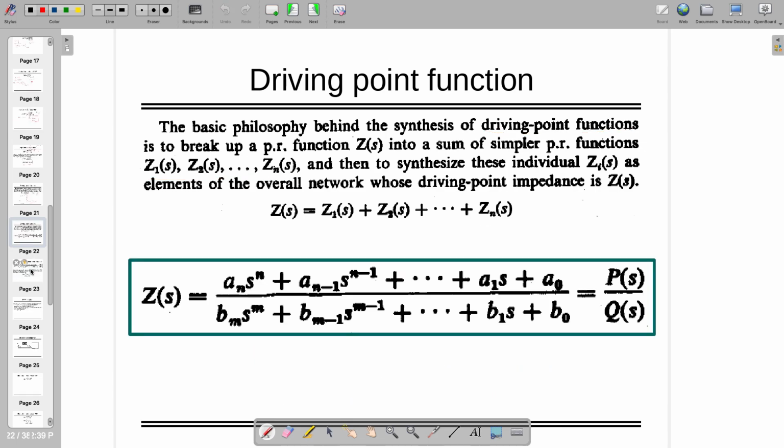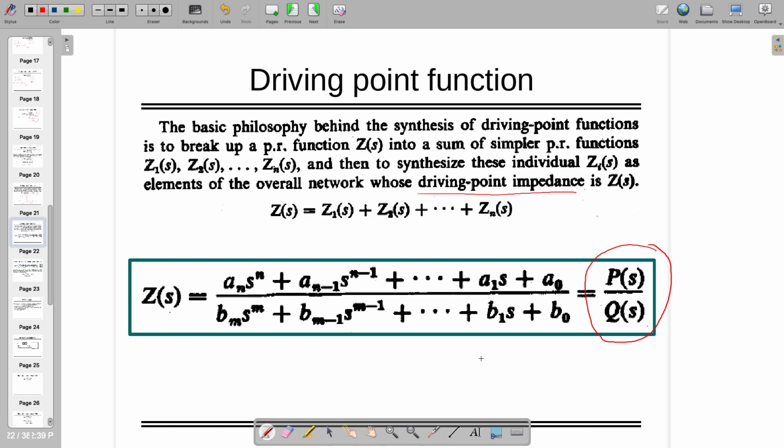Okay, so now moving further, let's call this driving point impedance P of s divided by Q of s, which will have some even part and odd part in P of s and Q of s.